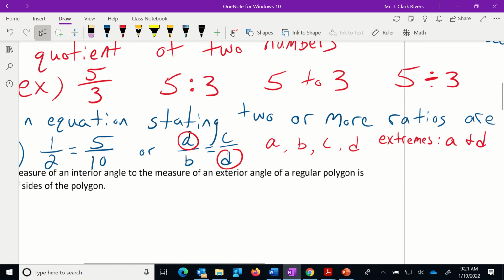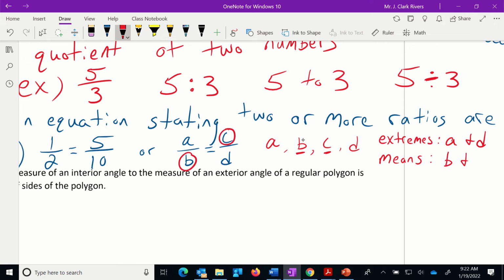And if you list it out, top left, top right, bottom right, you can see the extremes are first and last. And then we also have the means. The means are the other two. So the means would be B and C. Bottom left, top right. B and C.